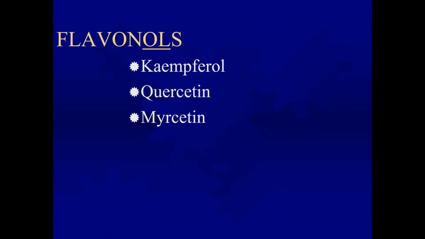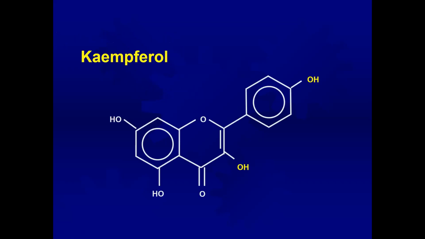Here you can see 3 flavonols: kaempferol, quercetin, myricetin. They are very close in structure. This is kaempferol. Look closely: here you see 3 hydroxyl, 5 hydroxyl, 7 hydroxyl, and here 4 prime hydroxyl, and all are classical flavonols.